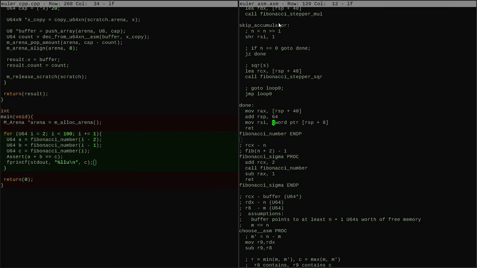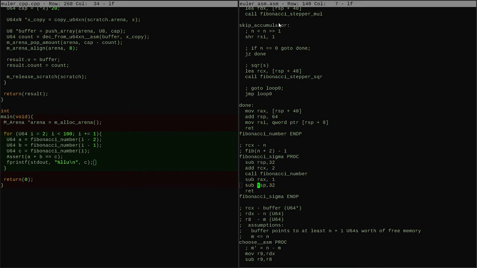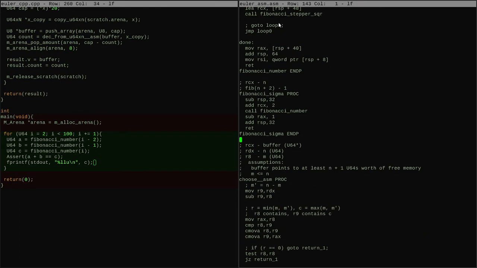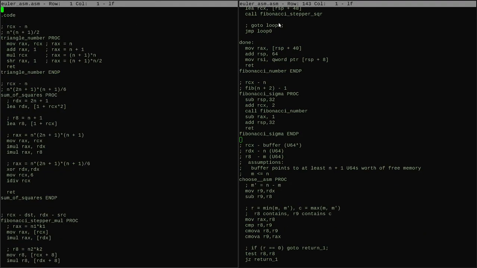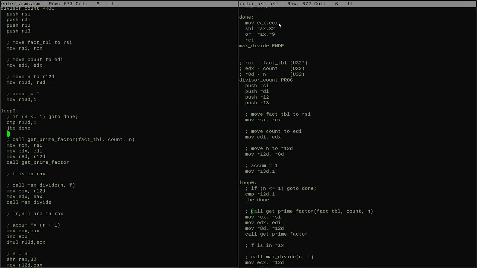Okay, so we got more call instructions. Fibonacci sigma, cool. You need to RSP minus 32 right here. Okay, more call instructions. Okay, divisor count.